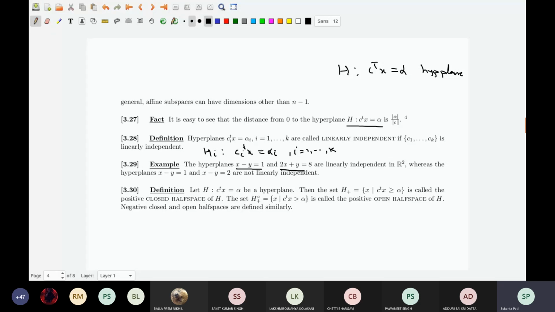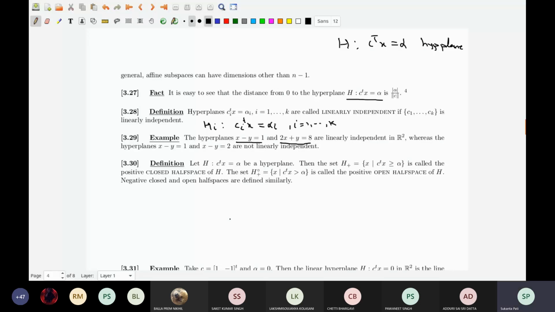The normals: the first one is C transpose equal to 1, minus 1, with x, y equal to 1. So this is the first C. The second one is, okay, this is C transpose actually. Normally we write vectors in the column format.